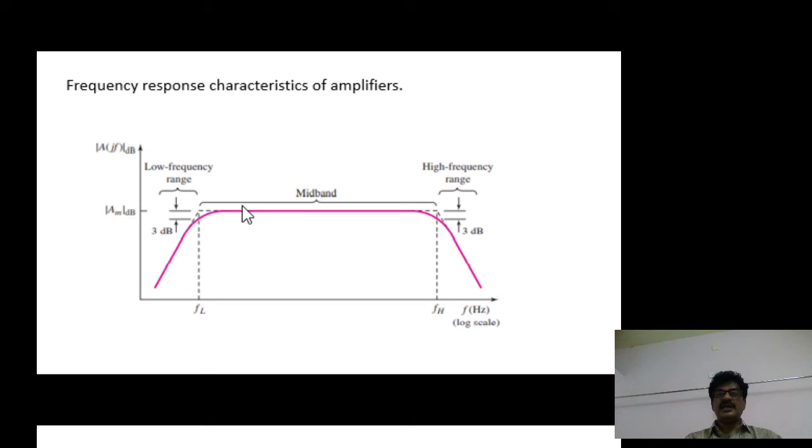The reason for gain fall in the low frequency range is coupling capacitors and bypass capacitors, because at very low frequencies these capacitances offer high reactance, so that's why the gain is reduced. Part of the input signal which you applied will be dropped at the capacitor, so the entire input signal is unable to reach for amplification, so the gain value is reduced.